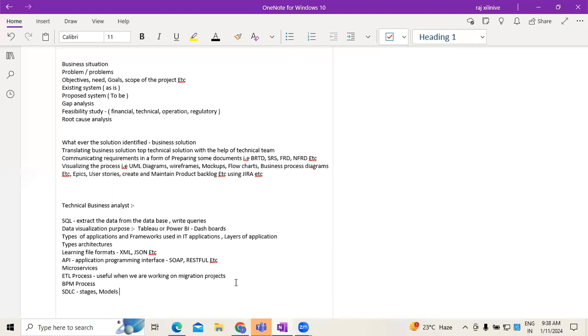That is also one of the key elements. So these are the different SDLC models and stages we must be good with. These are the major skill sets if we want to become a business analyst, especially if you want to learn technical skills.